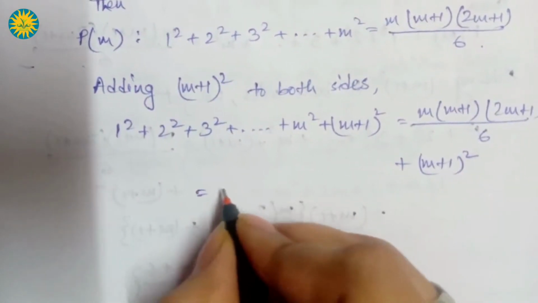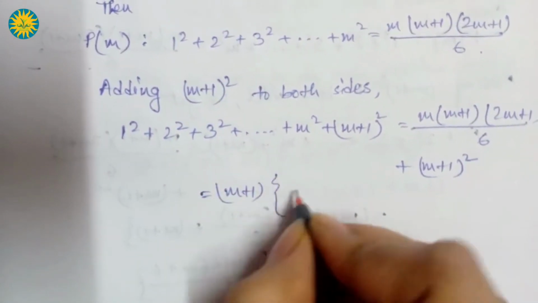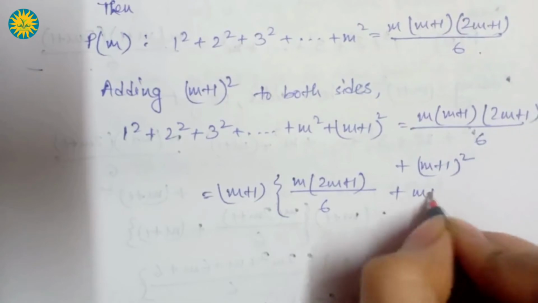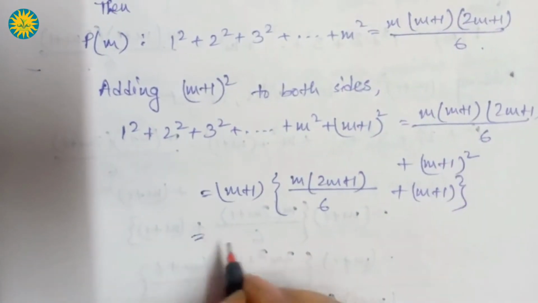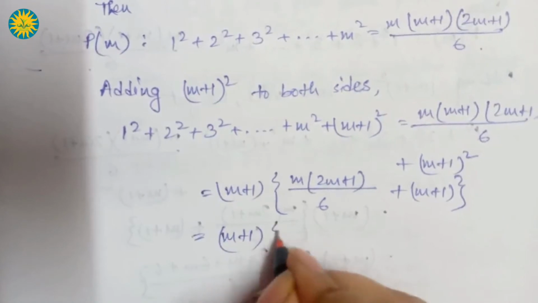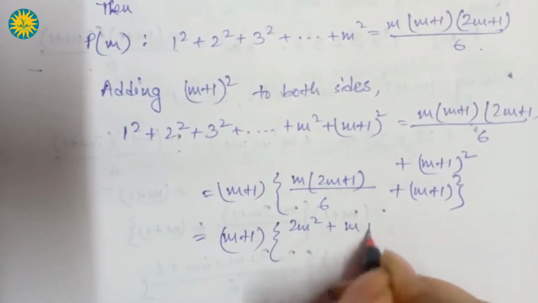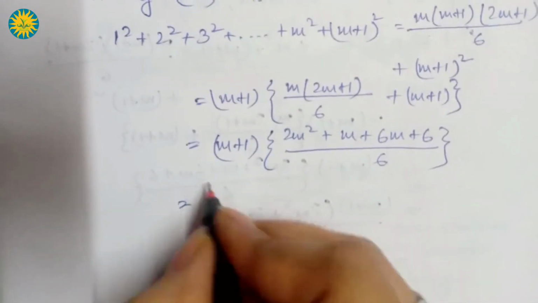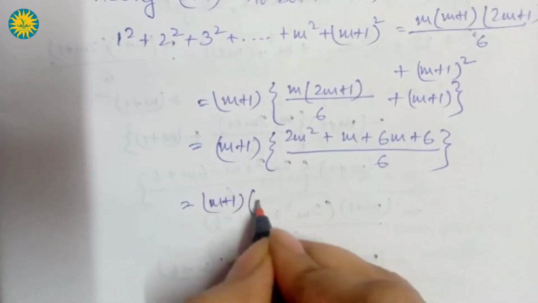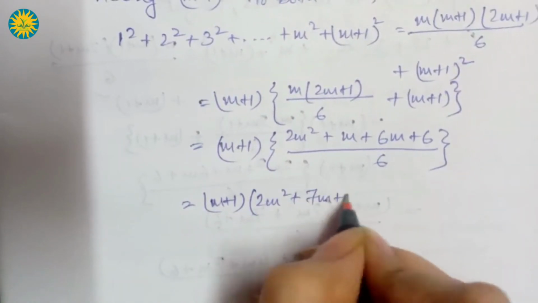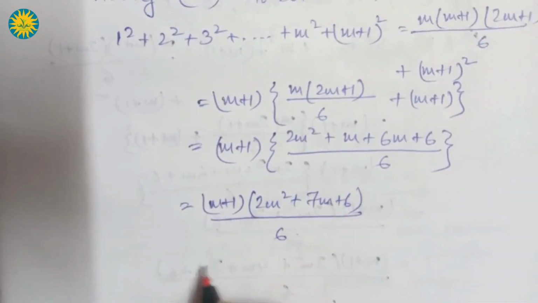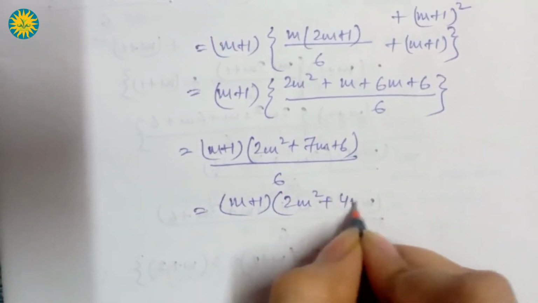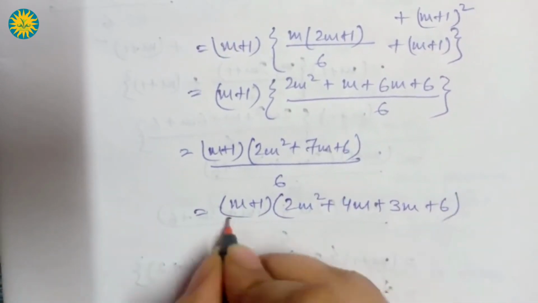This equals, we take m plus 1 common, and this gives us m into 2m plus 1 by 6 plus m plus 1. This equals m plus 1 into 2m square plus m plus 6m plus 6 by 6, and this equals m plus 1 into 2m square plus 7m plus 6 by 6, which equals m plus 1 into 2m square plus 4m plus 3m plus 6 by 6.